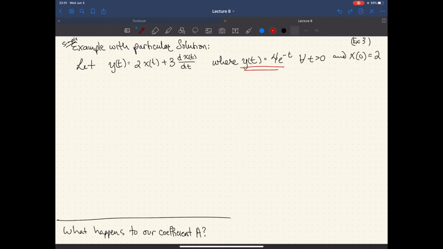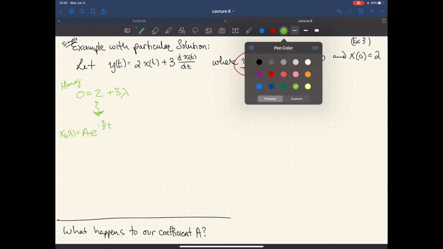Let's go ahead and specify a non-zero forcing function. Okay? Okay, so we have our homogeneous solution. 0 equals 2 plus 3 lambda, blah, blah, blah, blah. We end up with our homogeneous solution is equal to a e to the minus 2/3 t. Great, we already knew that. Let's switch some colors.